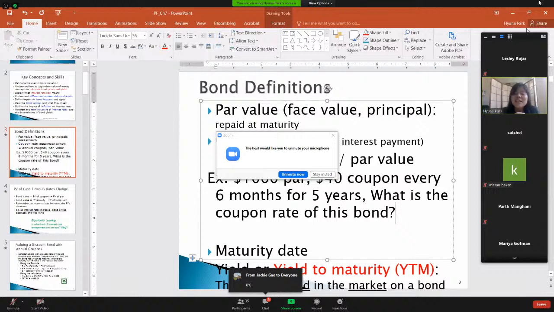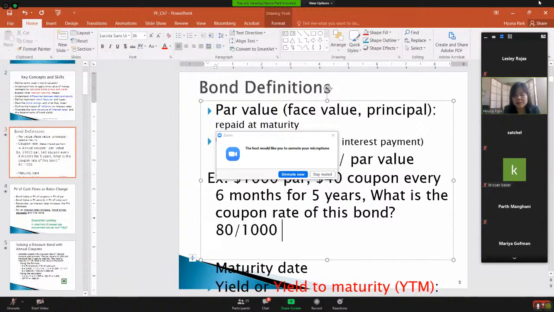Yes, 8% is the correct answer. Thank you, Jackie, for your participation. So annual coupon is semi-annual 2 times, so 80. So 80 annual coupon divided by par value 1,000, so that's 8%. So coupon rate is like an APR, because coupon rate is a quoted rate.